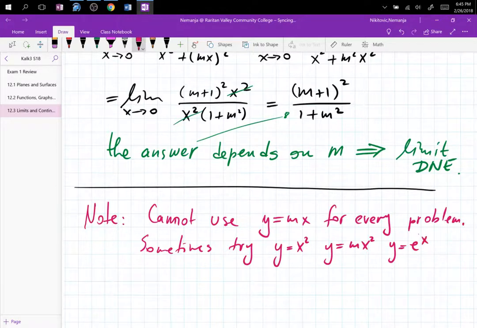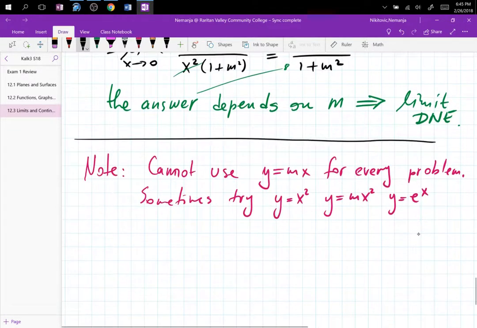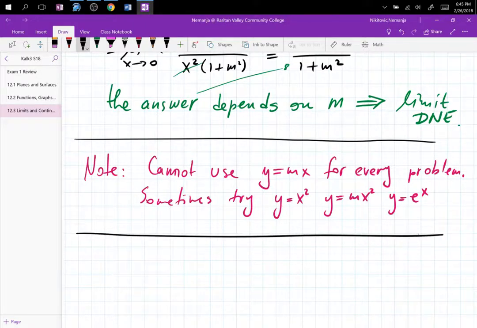So try other functions, because your linear function might check out for m, but then you try quadratic or exponential or something and it just dies. So do not limit yourself to y equals mx. When you try a few homework examples, it'll be clear.